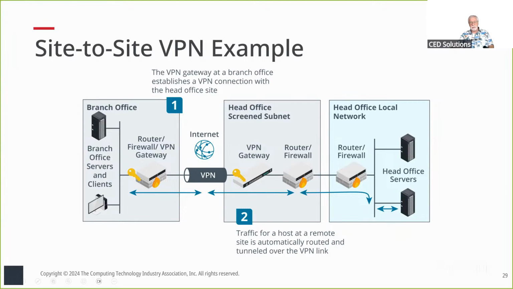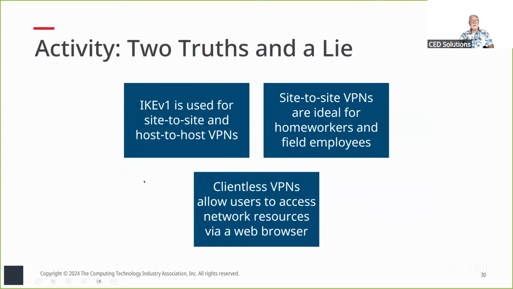So very, very secure. It's like having dozens or even hundreds of pre-drilled, very secure, triple wrapped connections between the home office, branch office, and any other offices that they have out there. So site-to-site VPN. All right, sir.